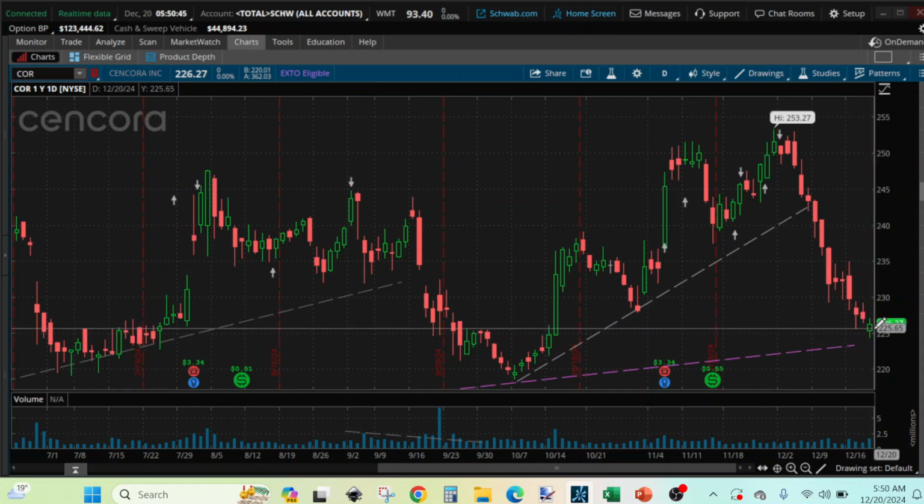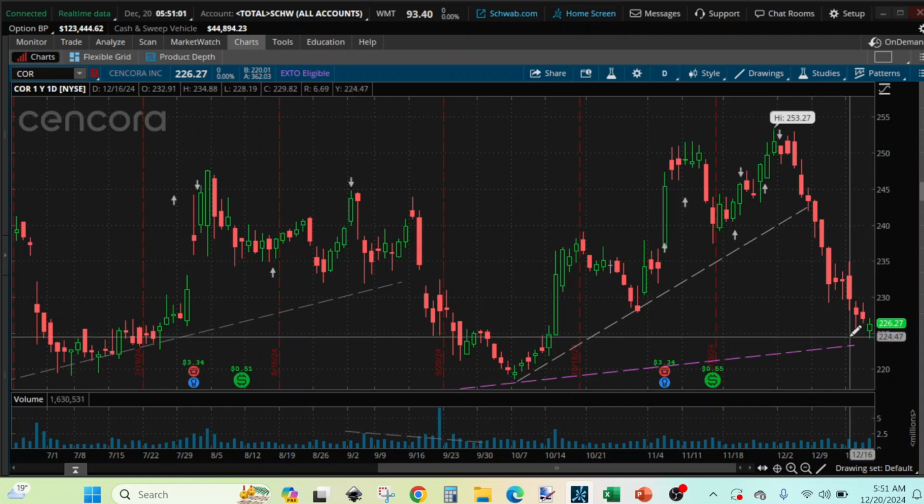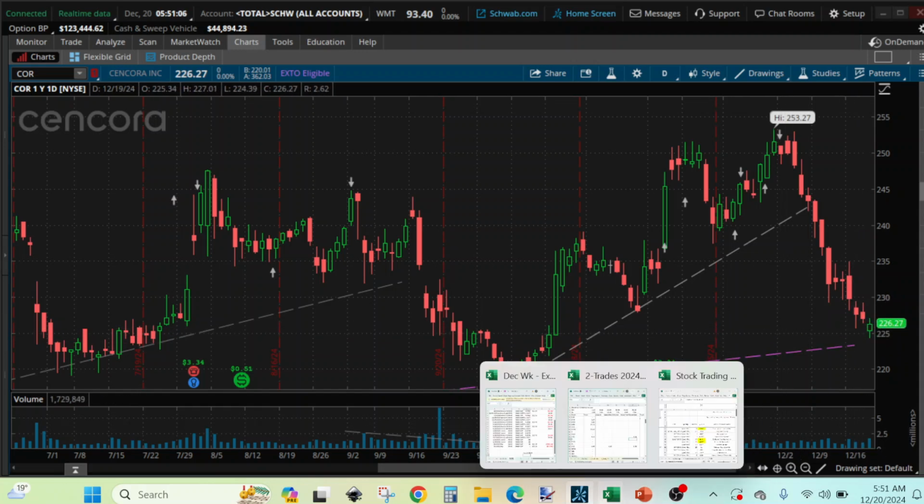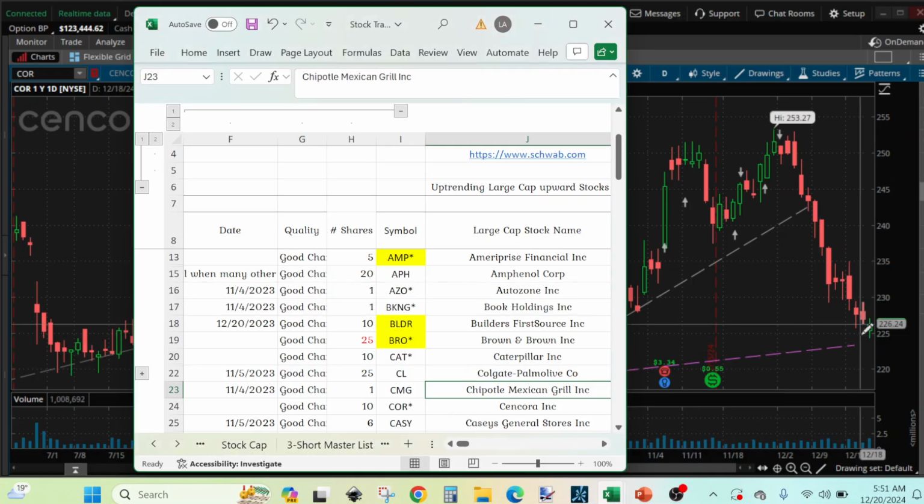We'll wait for a pullback and then going up, and we'll be able to trace our trend line. We like to see a pullback close to this line. So 2 lows before we enter at the first green.